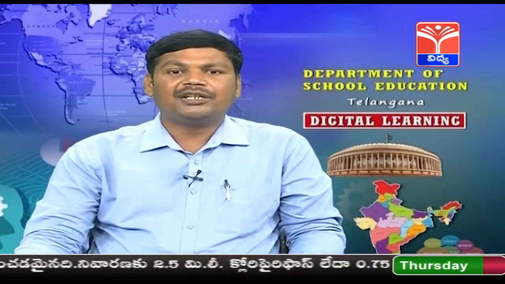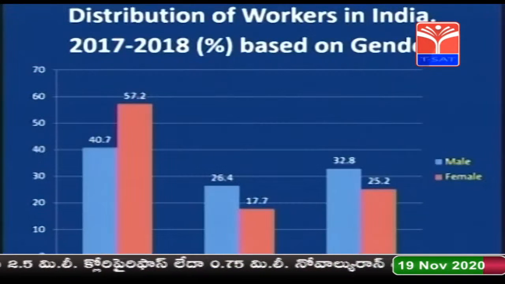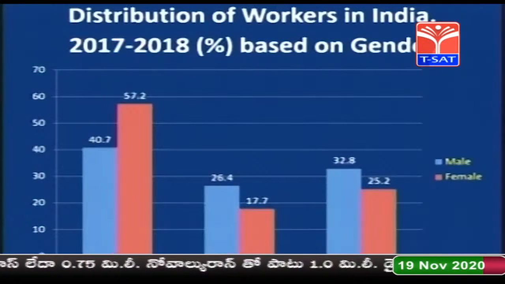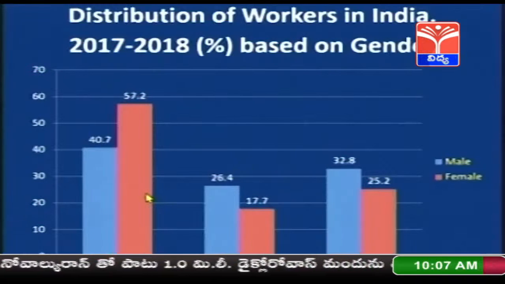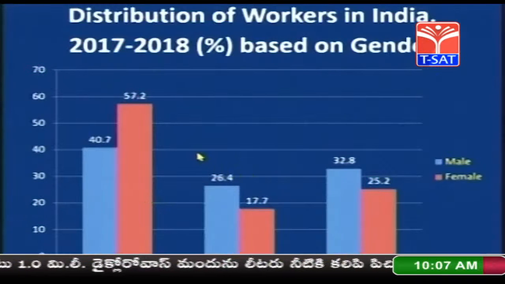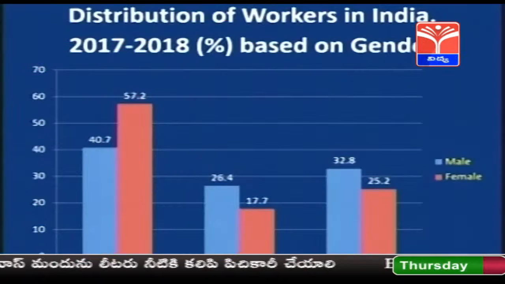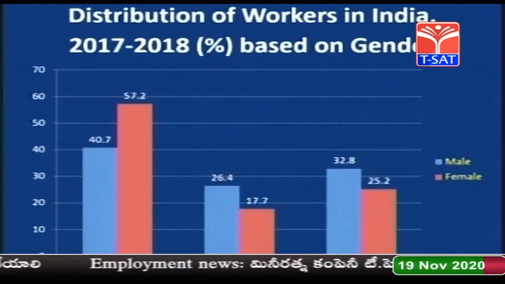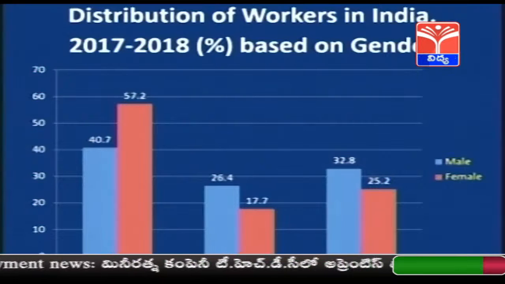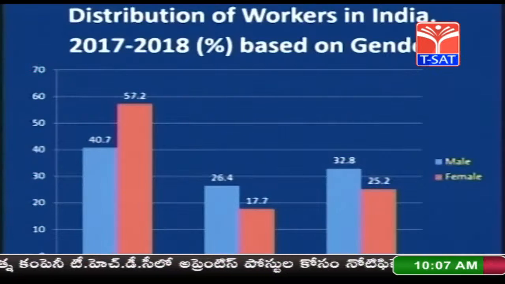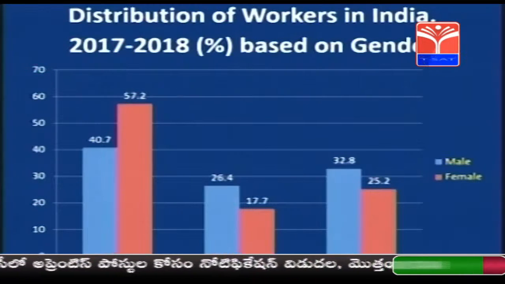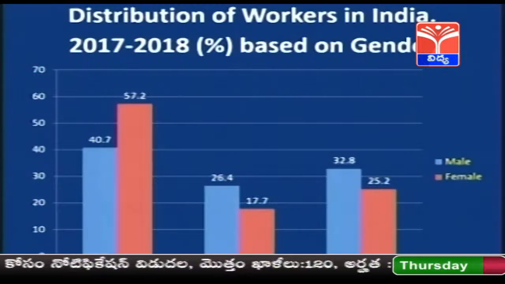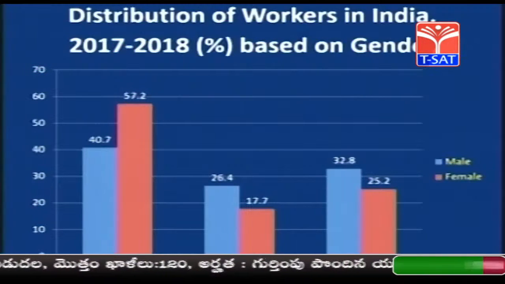Distribution of workers in India in 2017-18 based on gender. In the agriculture sector, 40.7% of male workers and 57.2% of female workers are working. In the industry sector, 26.4% of males and 17.7% of female workers.